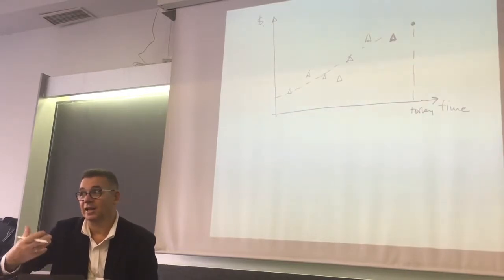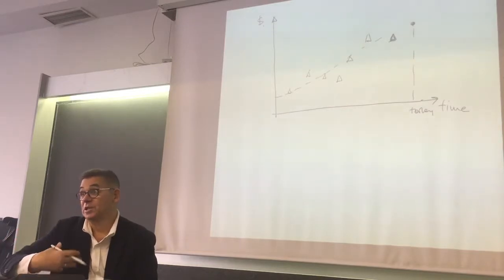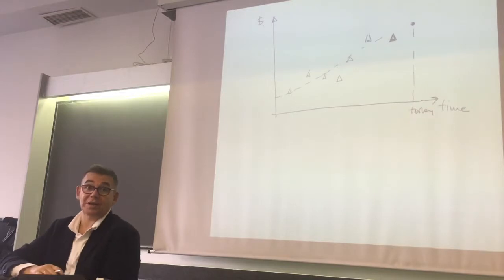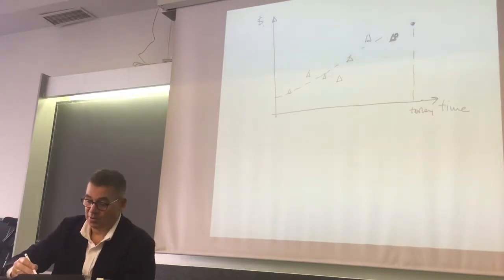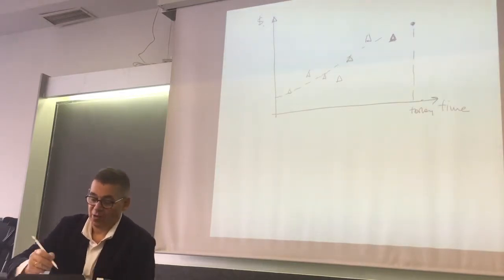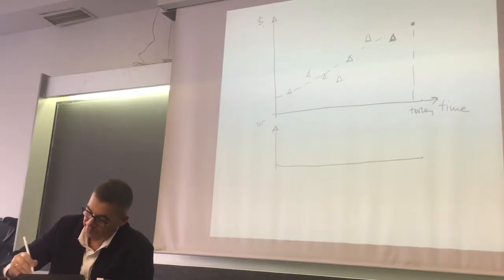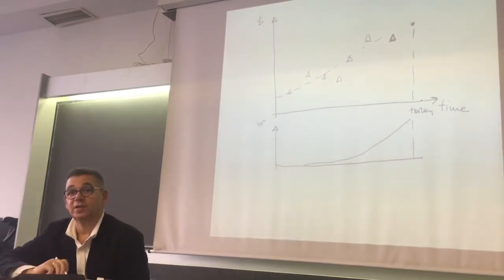So how can I introduce a kind of memory, which weights the data according to the time, to the position of the sample? Now I can introduce a weighting factor, which contains a so-called exponential forgetting.